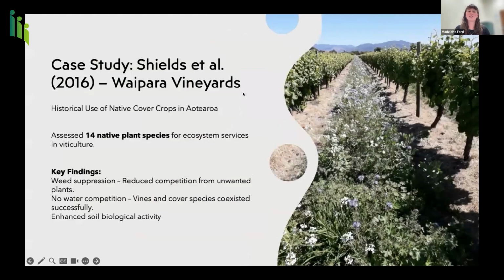While looking into native cover crop species, there was one example in the literature where native species had been investigated. They looked at 14 different species and assessed them for their ecosystem services.